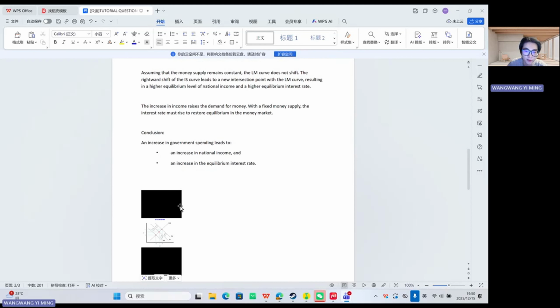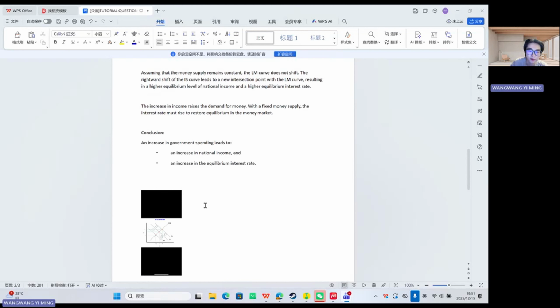Assuming that the money supply remains constant, the LM curve does not shift. The rightward shift of the IS curve leads to a new intersection point with the LM curve, resulting in a higher equilibrium level of national income and a higher equilibrium interest rate.